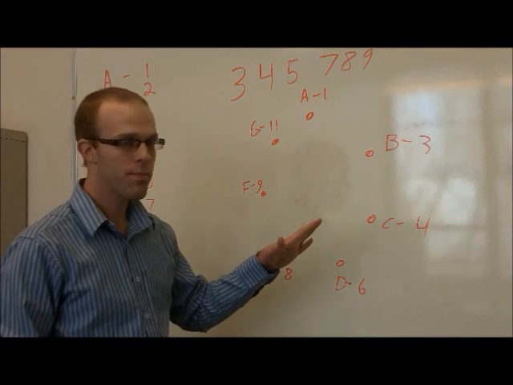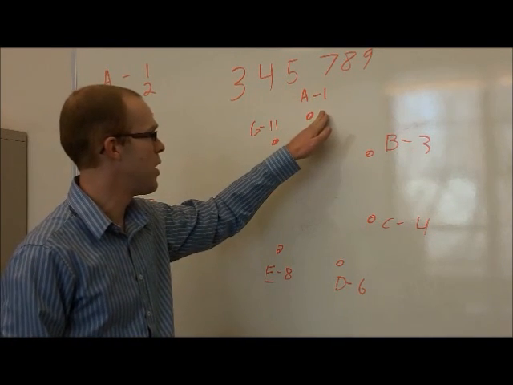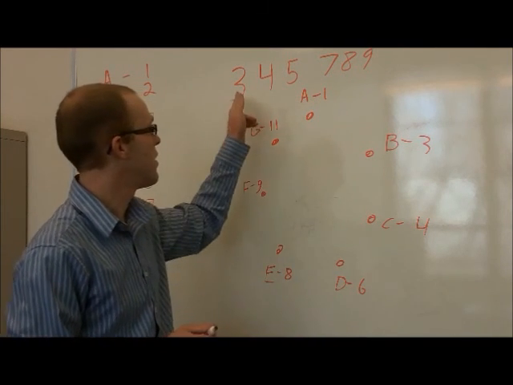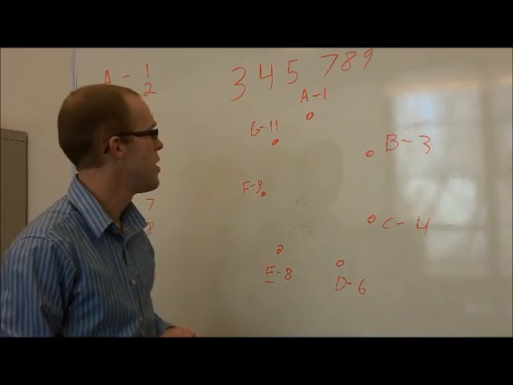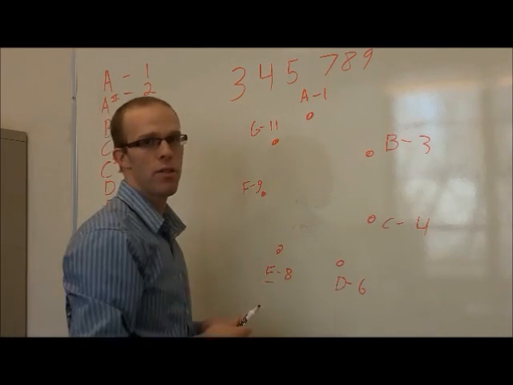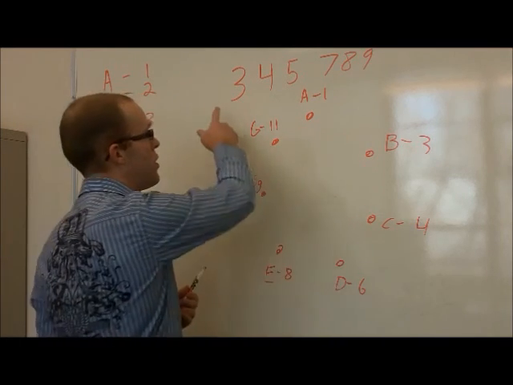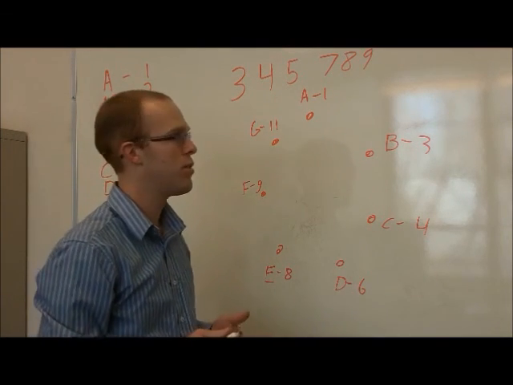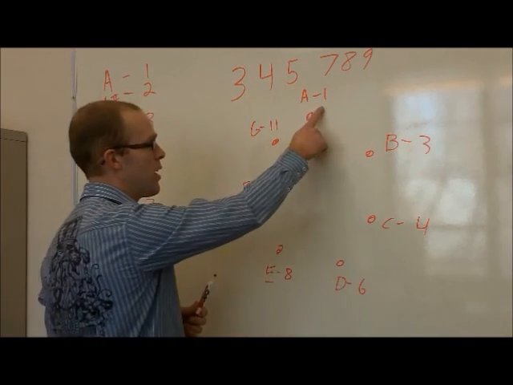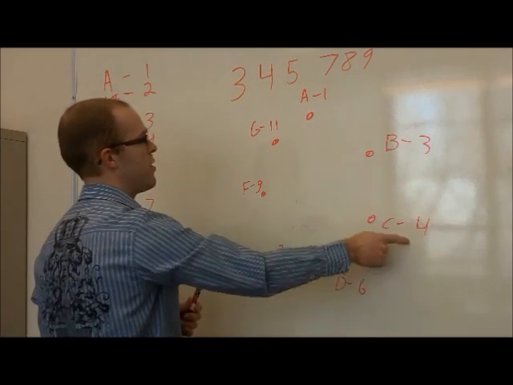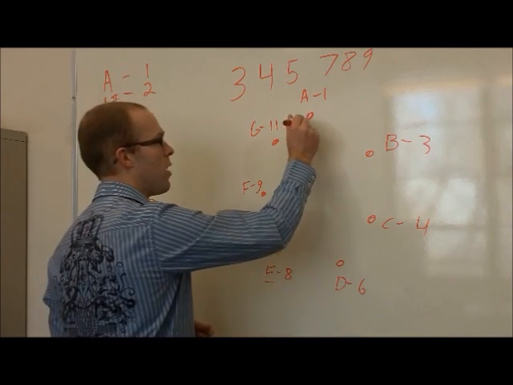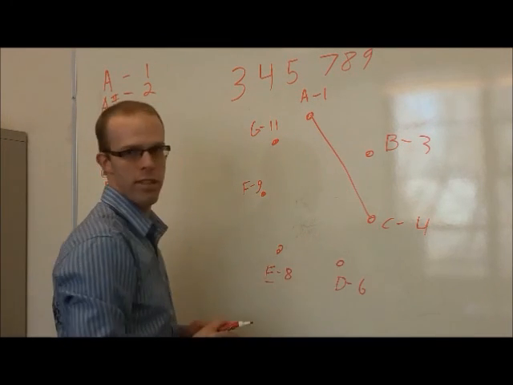First of all, what we do is look at the note, and we're going to figure out which of these notes are this distance away from that first note. So we take A, which is 1, and B, which is 3. The difference between those two is 2. 2 is not in our values of harmonic intervals, so we're not going to do anything with that. Look at A and C, and the difference is 3. 3 is a harmonic interval, so what we do is draw a line from A to C.